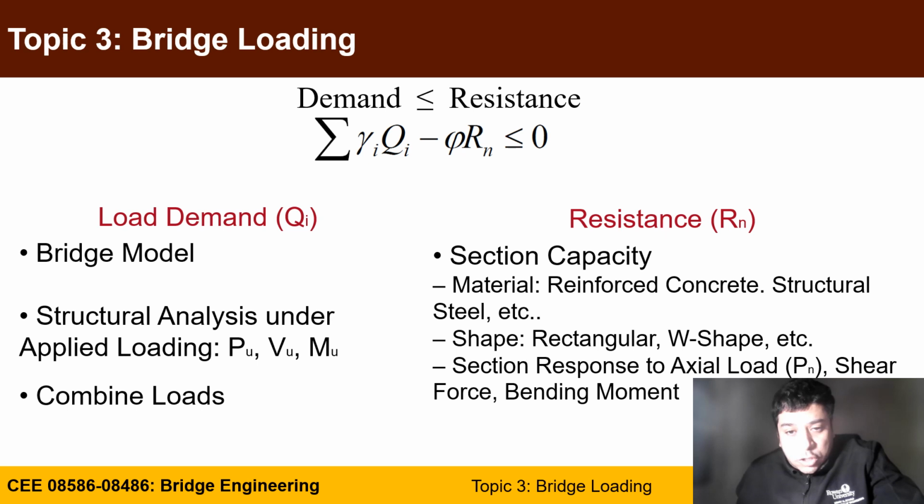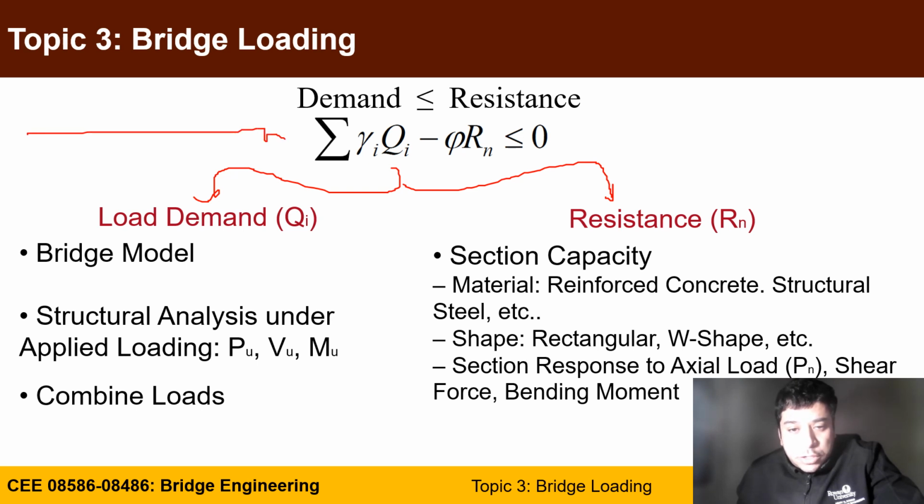So if we show the contributing factors for both load demand and resistance, you have a bridge, let's say a two-span bridge that can be modeled in a two-span configuration.